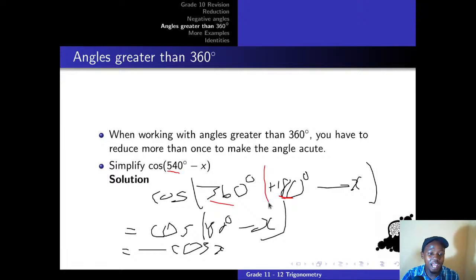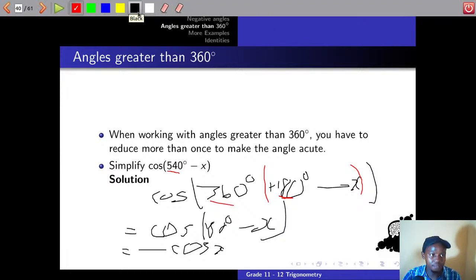Now, we have to break it down. First, work with 360 plus. We see this is in the first quadrant. In the first quadrant, cos is positive. Now we work with the remainder of the compound angle, which is 180 degrees minus x. This is in my second quadrant, where cos is negative.